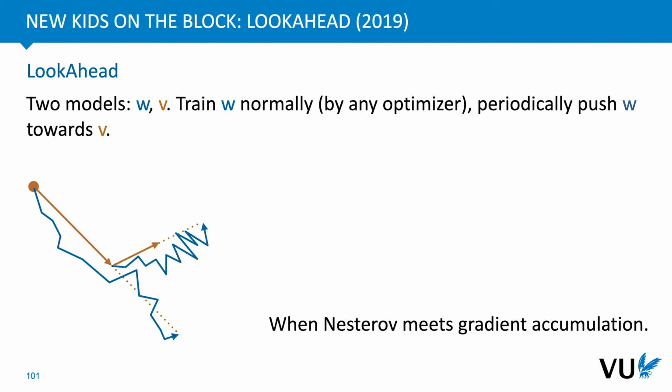And from that point, again, we let W run along a little bit under the influence of its basic optimizer, and after a while, we take that as a look-ahead point and we move a certain distance toward that point, and so on, and so on. And you can think of this as kind of the idea of Nesterov applied to gradient accumulation.